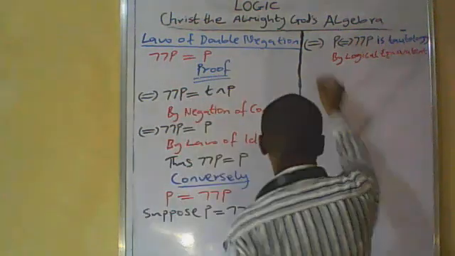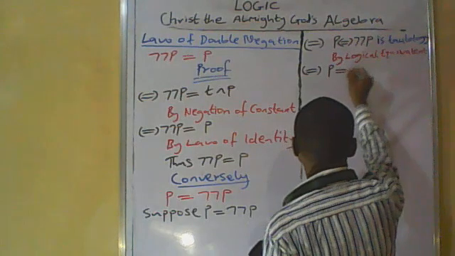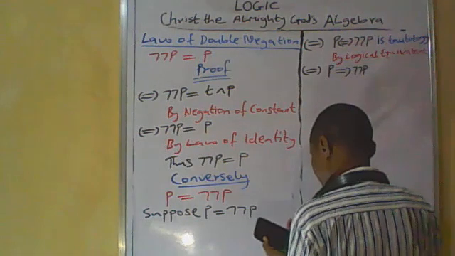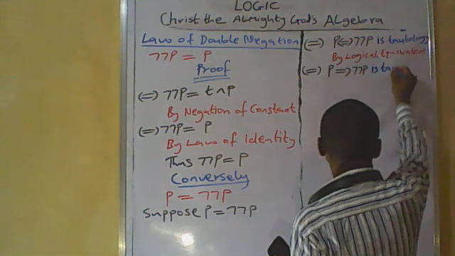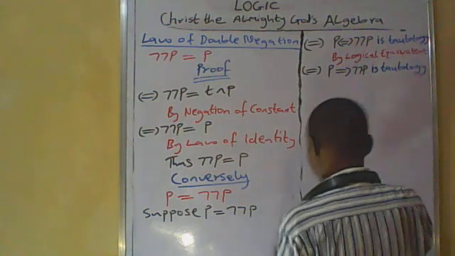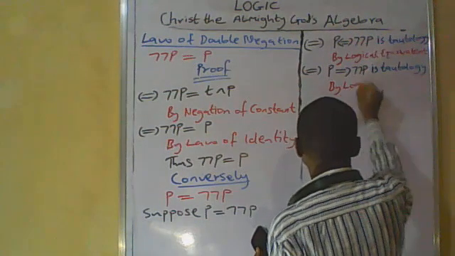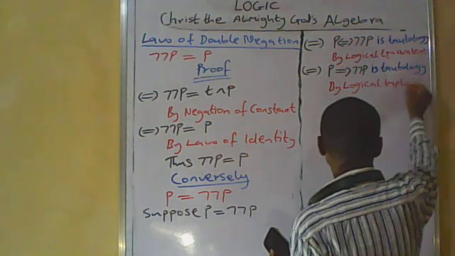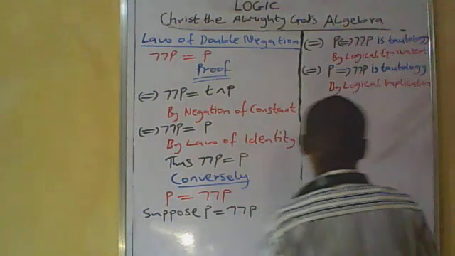So if and only if P implies not P is a tautology, being justified by logical implication.